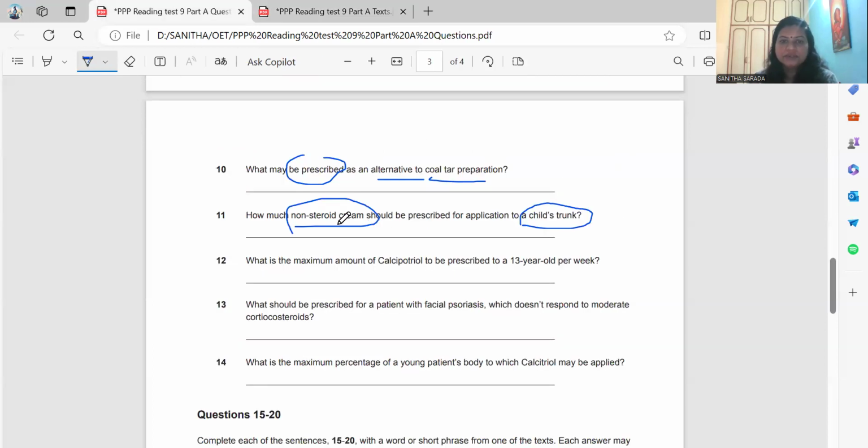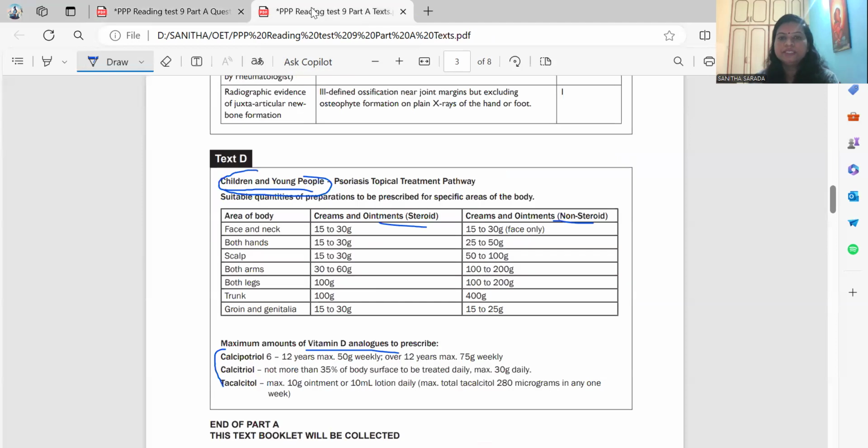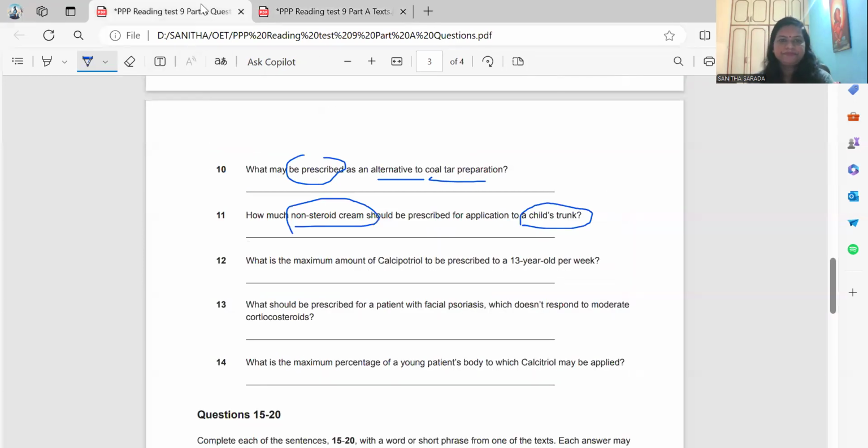How much non-steroid cream should be prescribed for a child's trunk? No, this is steroid. Non-steroid, how much will it be? 400 grams. The non-steroid keyword is here, and the child's trunk is here. Got it?